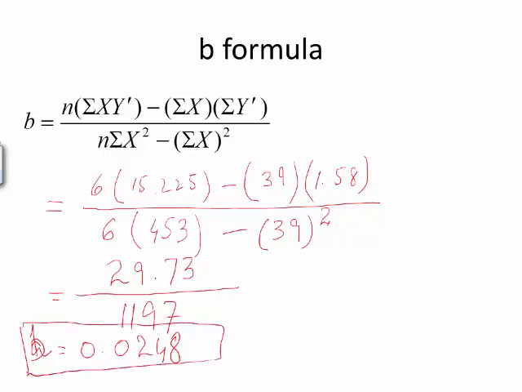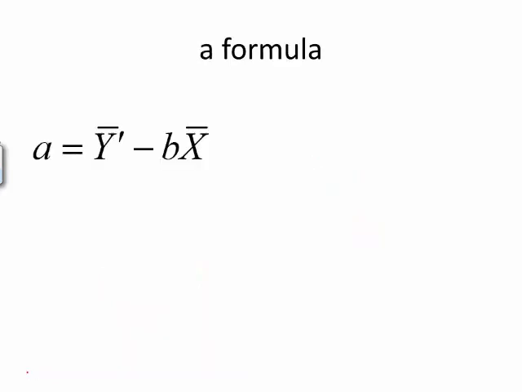So here the half of the question is done. Next we find the value of a. Very simple. What is y dash bar? It is sum of y dash divided by n, and x bar is sum of x divided by n.